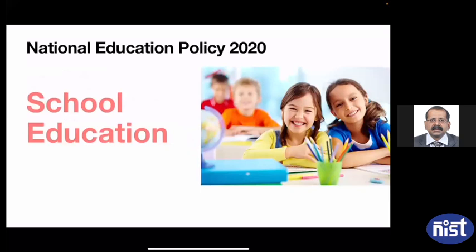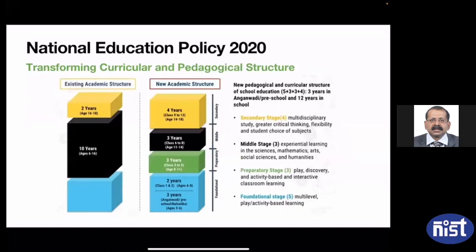Now, with respect to school education, I'll first talk of this, and then I think more relevant will be the higher education part. So the school education, the basic change: there is a transformation in curricular and pedagogical structure. The existing structure is 10 plus 2 in school.